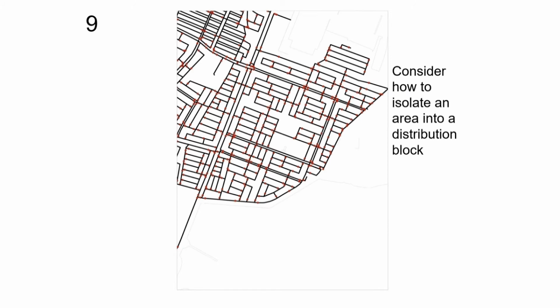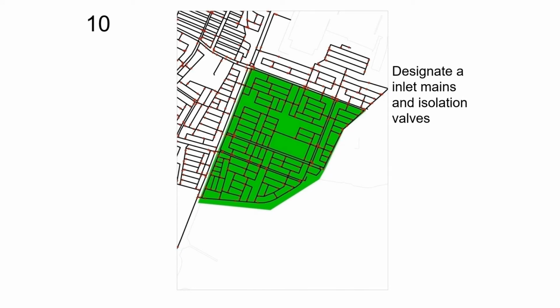This is the pipe network that shows existing distribution pipes with black lines and valves with red dots. We then examined the possibility of establishing a distribution block like this. In designing a distribution block, we first identified potential inlet mains.